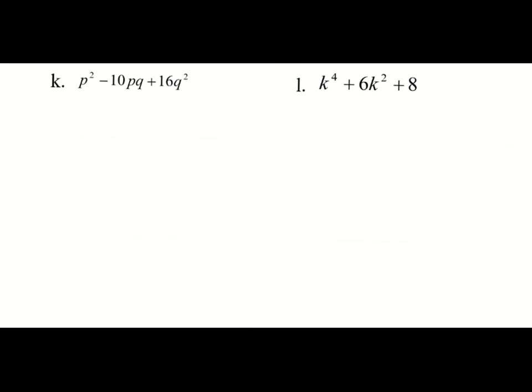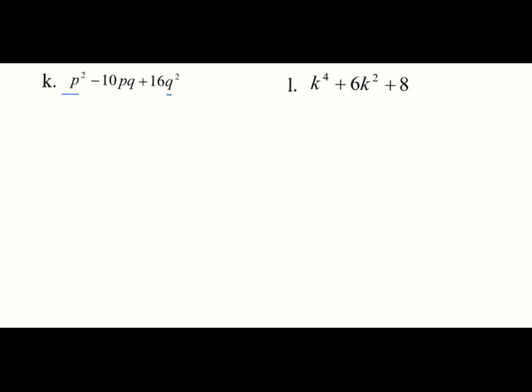All right, so these are our last two easy trinomials before we get into perfect square trinomials and hard trinomials and some other things in the third video. We're going to try another one where we have a squared term in the first term and that second term. So we have p squared minus 10pq plus 16q squared.